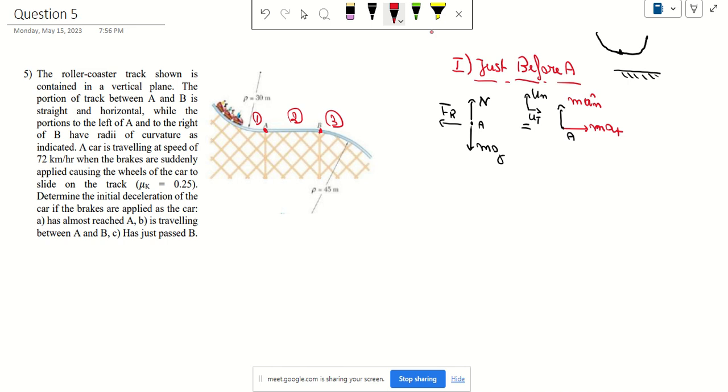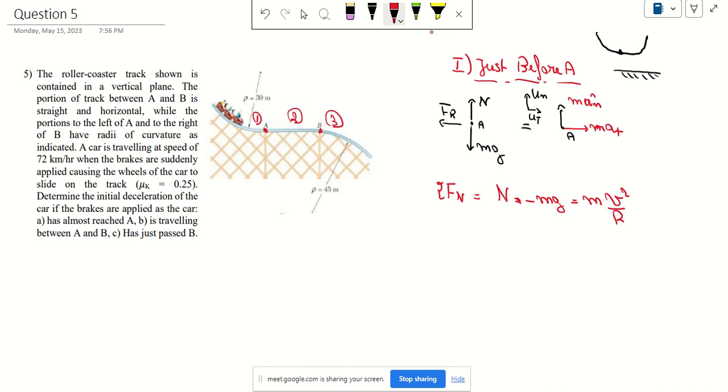This is our free body diagram. The first thing is to apply the two conditions. So let's start with summation Fn. Summation Fn: N minus mg is equal to m v squared over rho.